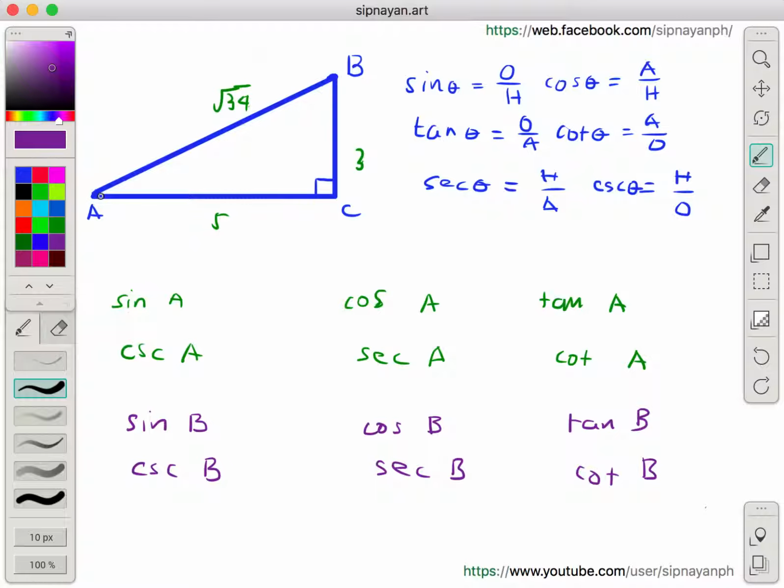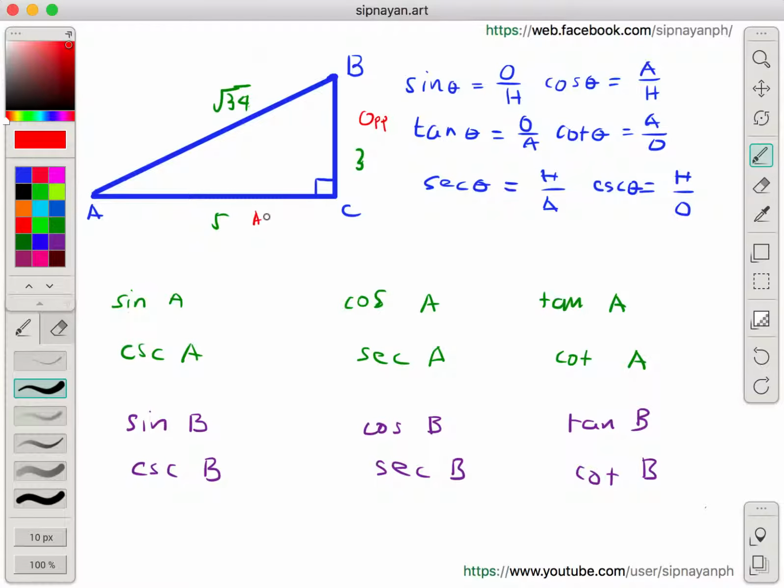So, pag sinabi natin opposite, what is the side opposite of A? Opposite to A, ito yung 3. Pag A yung pinag-uusapan natin, siguro maglagay tayo ng mark, ito yung opposite natin, ito yung ating adjacent. This is our opposite side.